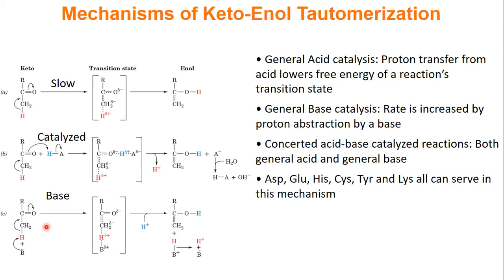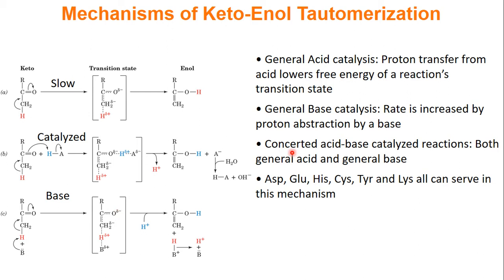We can do the same reaction by having a base instead. So the base here will be taking the hydrogen from the methyl group, and eventually getting your enol. And again, we have to remake our base, so we have to lose the hydrogen that it got. So that's a general base reaction. You take a hydrogen.